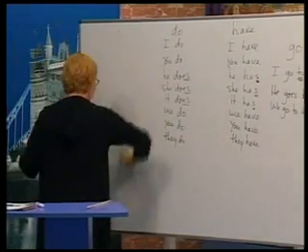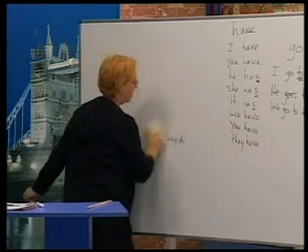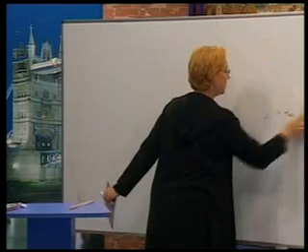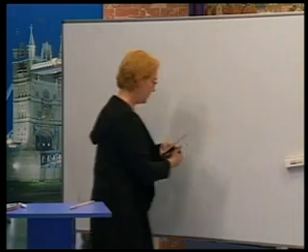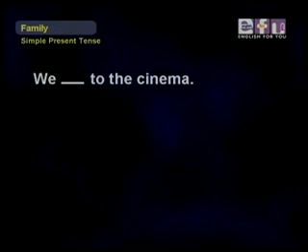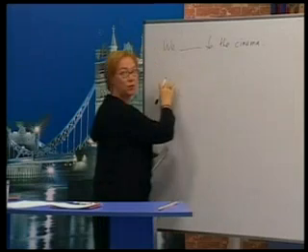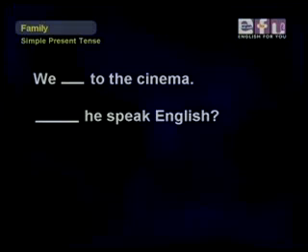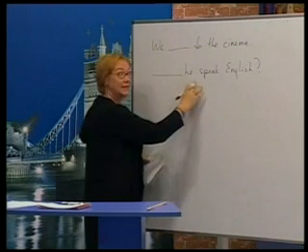First, I'm going to write some sentences on the board with blanks in them, and you're going to fill in the blanks. So here come the sentences, and assistants later, you will help me. Here's the first one. We blank to the cinema. He blank speak English.